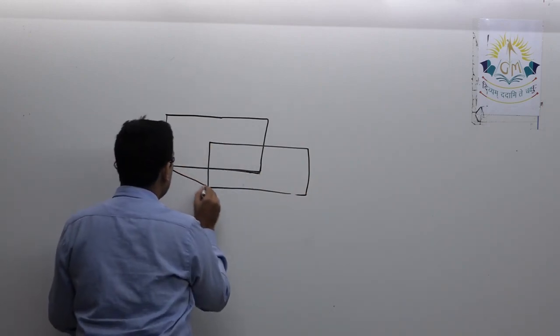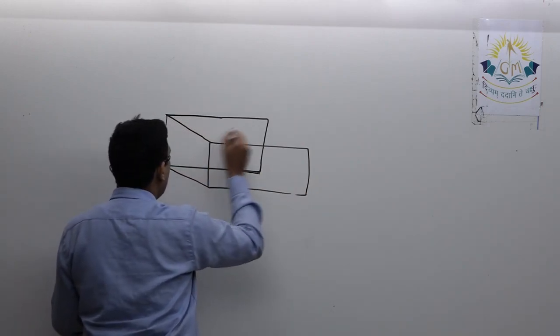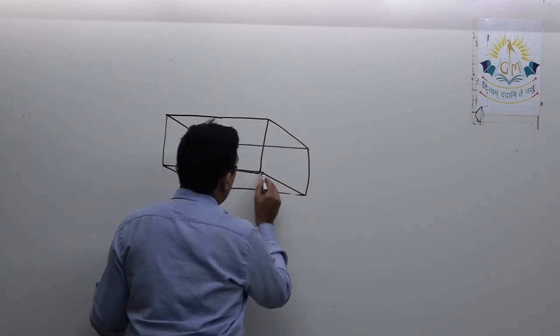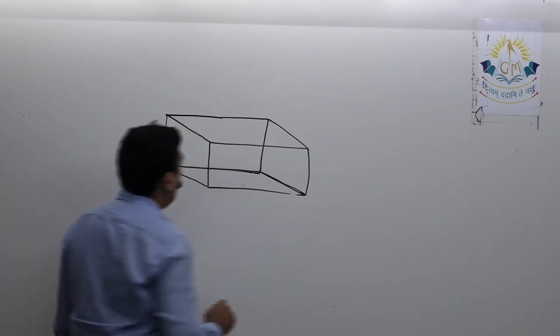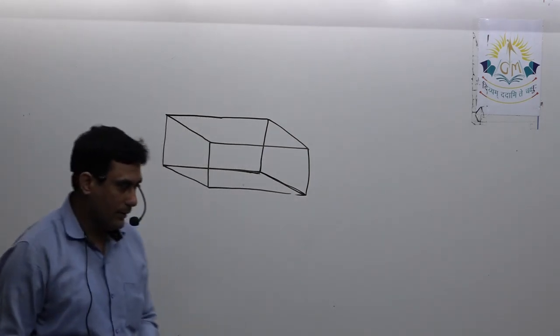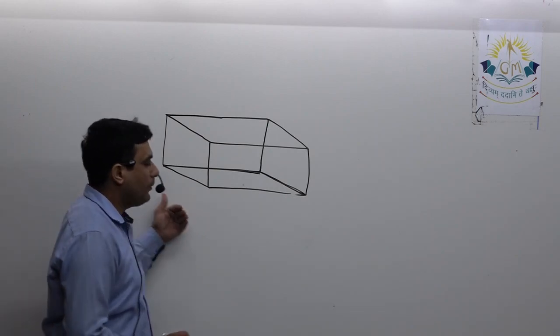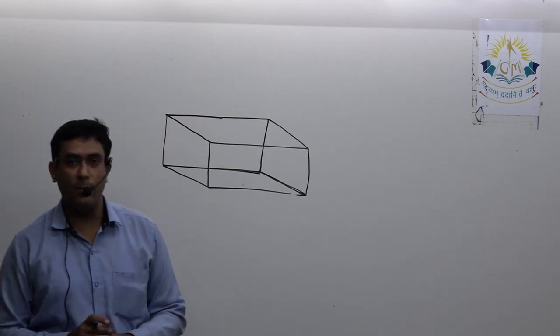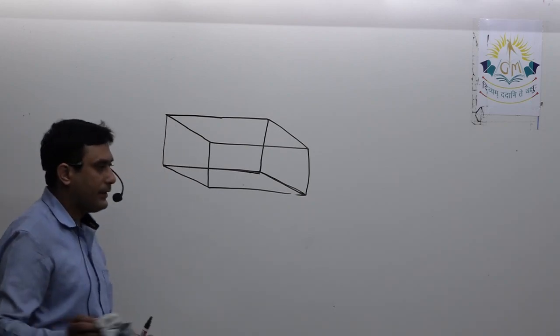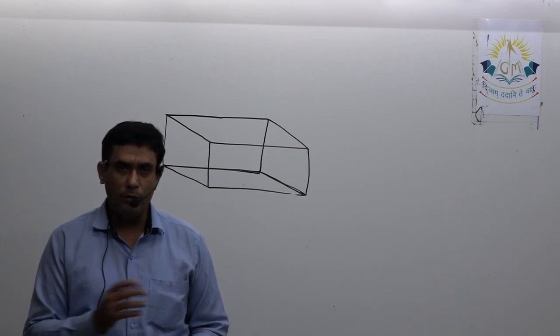Now here we have to discuss its surface area, its total surface area, and its volume. It has six surfaces. Any cuboid has six surfaces, and each surface is in the shape of a rectangle. And we know that the area of a rectangle is the product of its two dimensions.